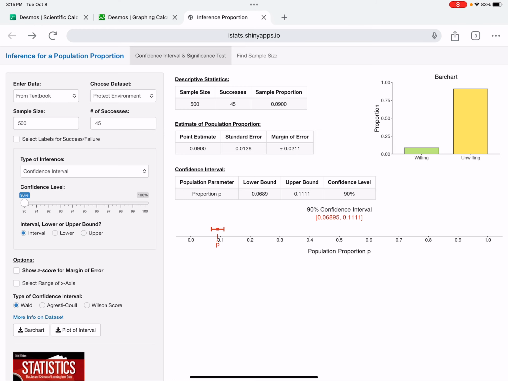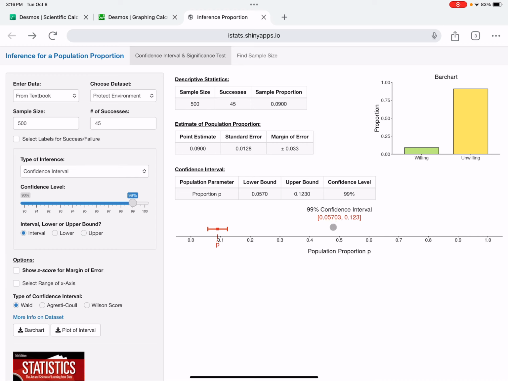Okay, so all I'm going to do is take this slider that was at 90% from the previous part, and slide it over to 99%. Okay, and again, the interval is shown here graphically, and then it's given numerically right here. It's also given numerically here in this chart. Notice that they also give you the sample proportion, which they conveniently call the point estimate.